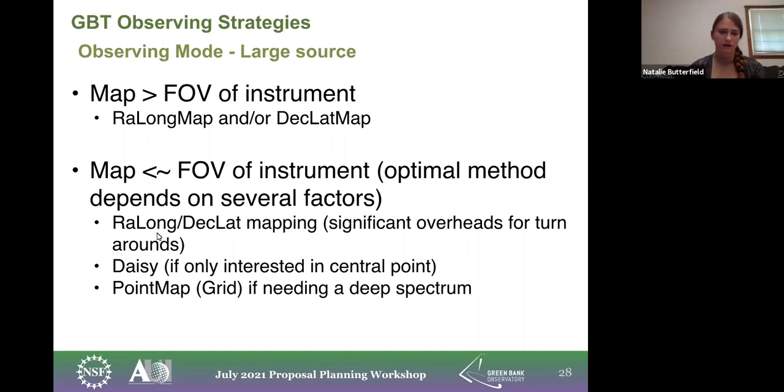Typically, the RA long maps and dec lat maps are what's known as on-the-fly mapping, where you're constantly moving and taking data as the telescope maps around your area, versus a point map where you sit on a specific area or region of the sky for a bit longer.